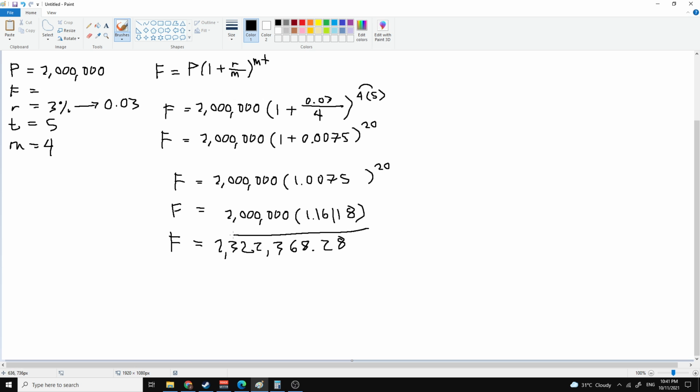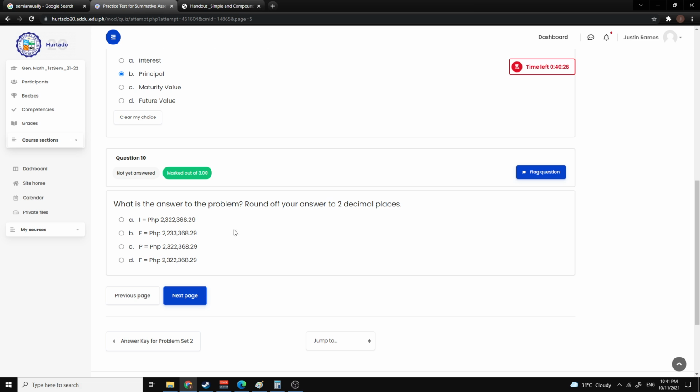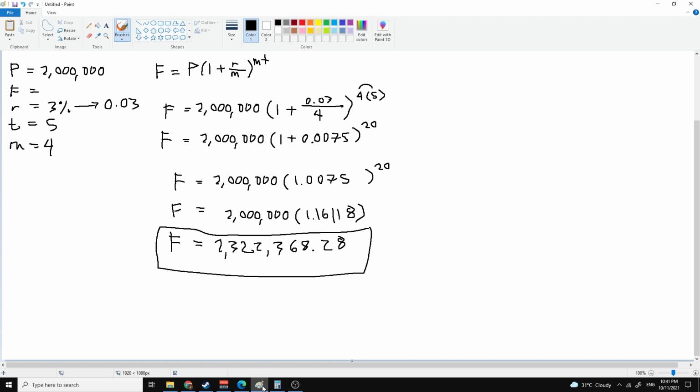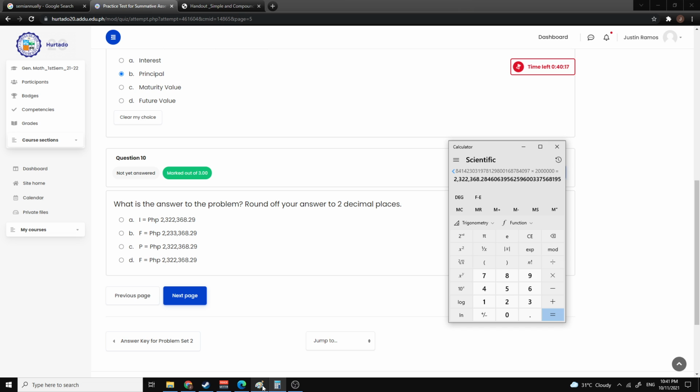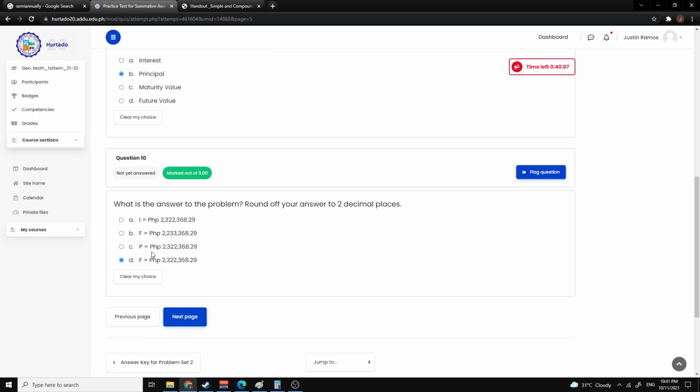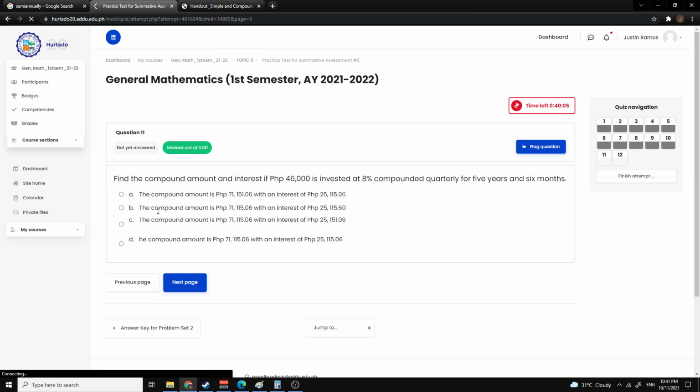So that is our value. So that is our future value. So we always have to keep checking, right? 2,322,368.28, but it's rounded off. So it's this. Because we're calculating for the future value, right?